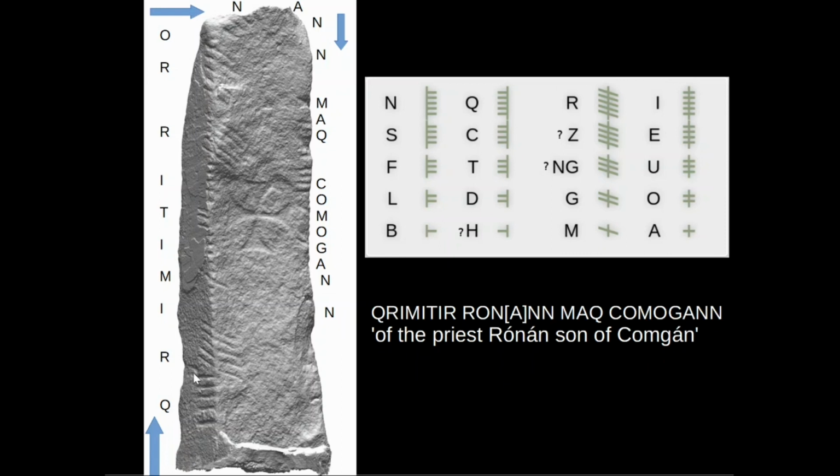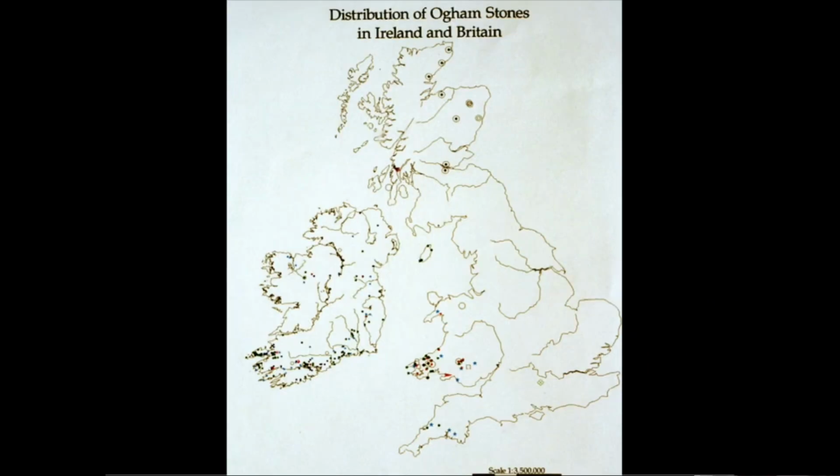But here in the very early Irish, it starts with a Q. And we can see here on the edge of the stone, we have 5 scores to the left, which is a Q. Then we have another 5 going diagonally across the stem line for an R, and then we have 5 notches which are much shorter and they're right on the stem line, and that is for an I, and so on up along.